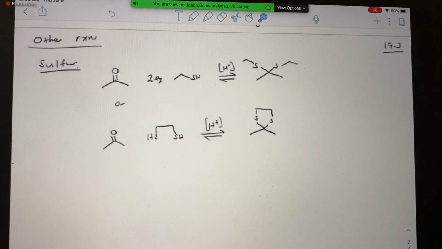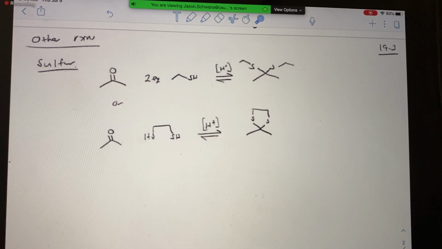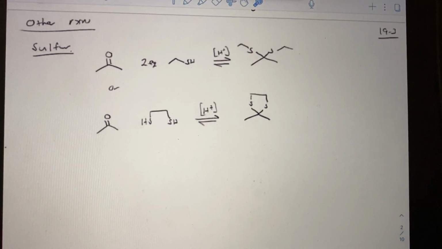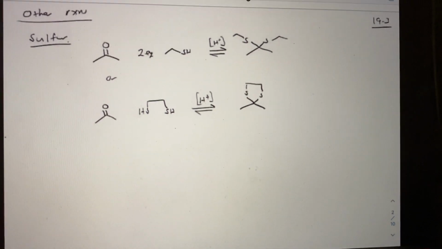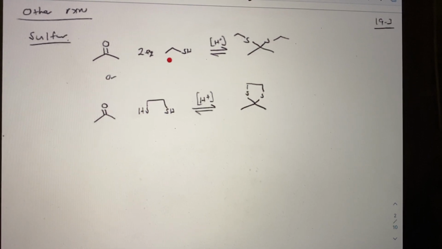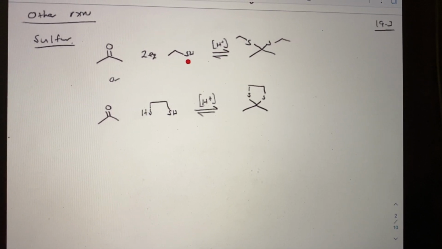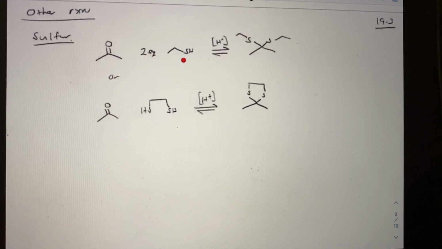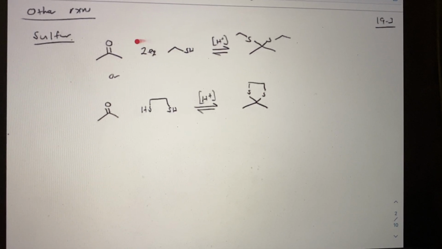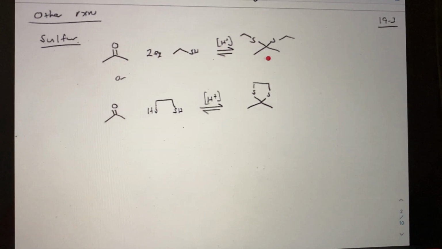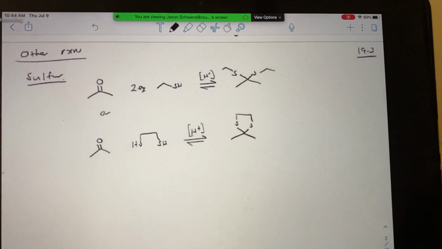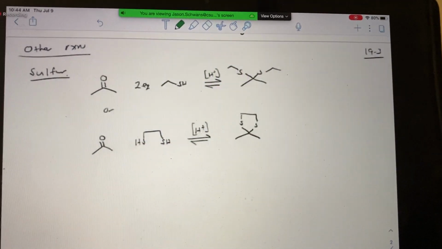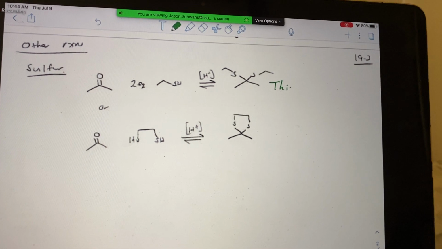Okay, so now when thinking about some other reactions, you can carry out the same sort of chemistry with sulfur. You could use this really foul-smelling reagent here, ethane thiol, and react two equivalents with the ketone to generate the acetal, and this is known as a thioacetal.